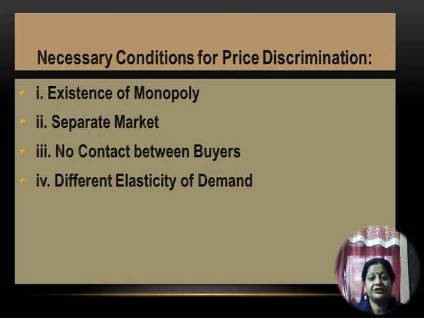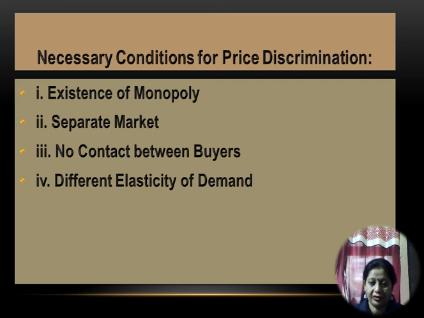Necessary conditions for price discrimination. Existence of monopoly. Price discrimination can only be practiced if the market structure is a monopoly. Separate market, no contact between buyers, and different elasticity of demand.